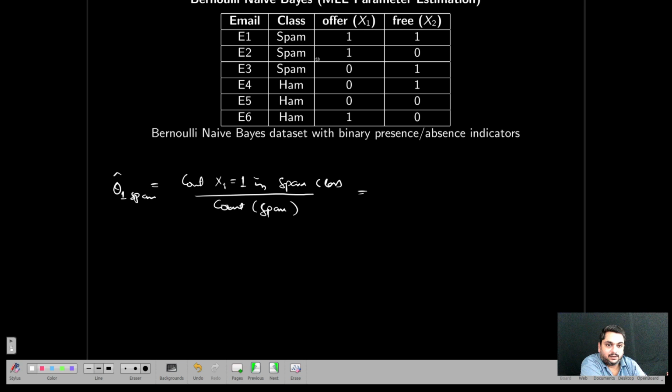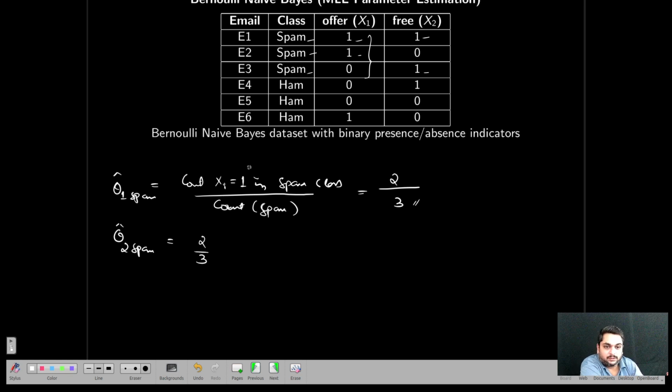If you see spam, 1, 2, 3, there are 2 ones. So the count is 2 divided by the total of 3. This is 2 by 3. This is how we estimate. If I estimate theta for the second feature for the spam class, you count x2 equal to 1. It will again be 2 by 3.